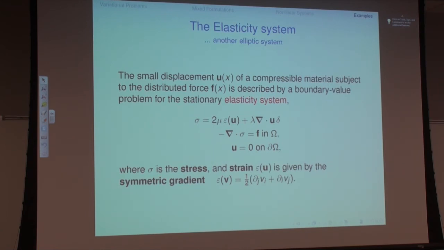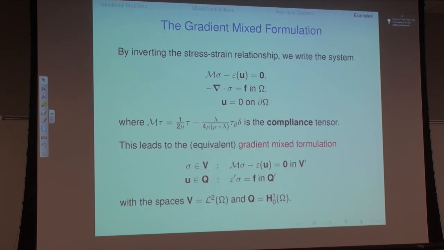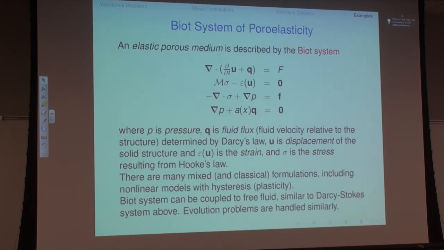If that porous medium we were talking about was something like a sponge, if it were a deformable porous medium, then I would also have some elasticity type equations to describe the motion of that sponge in addition to the fluid that's moving within it. This is modeled by the standard Biot system of poroelasticity.